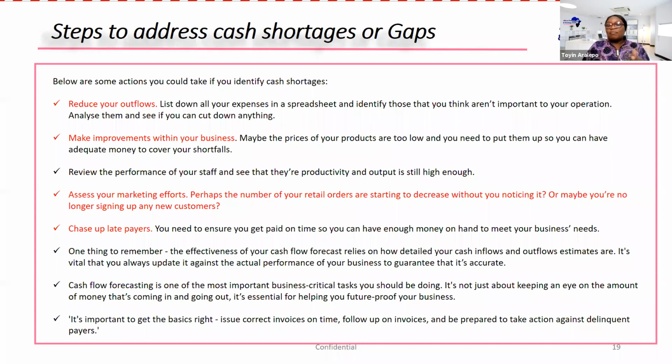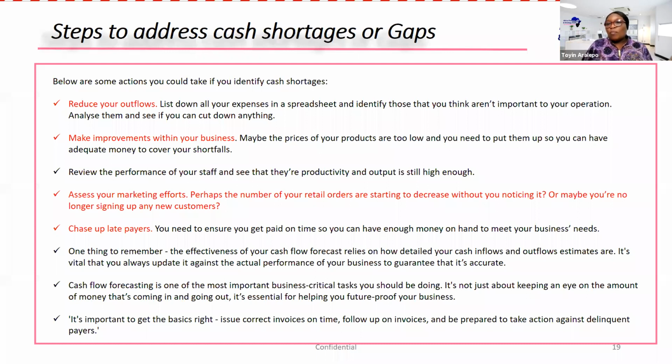You need to look at the pricing, very important, because that's the starting point of where the cash will come in. Your sales is dependent on the price and the customers. Have you covered all the costs in the prices you are charging your customers? Then you also need to look at the productivity of your staff.